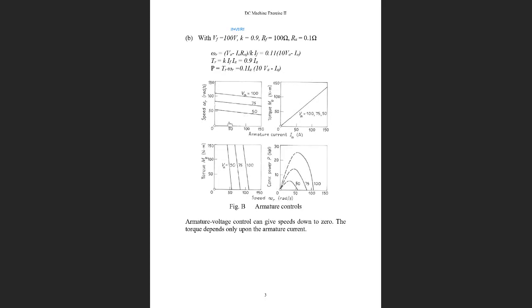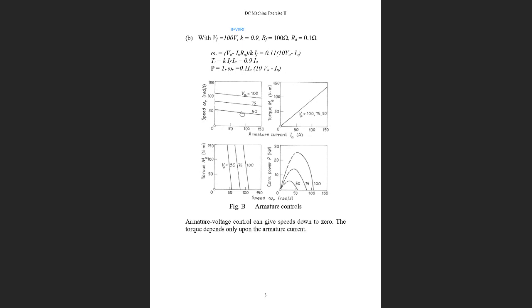So this gives us a hint that if you want to make the motor faster, you can use a stronger armature voltage. If you want the motor to have a lower speed, you can use a lower armature voltage. Lower armature voltage corresponds to a lower motor speed, higher armature voltage corresponds to a higher motor speed.